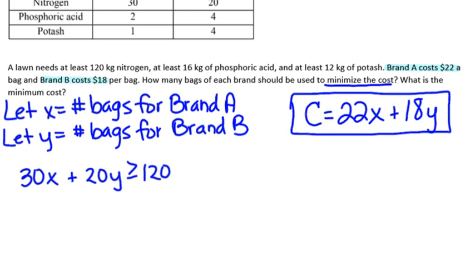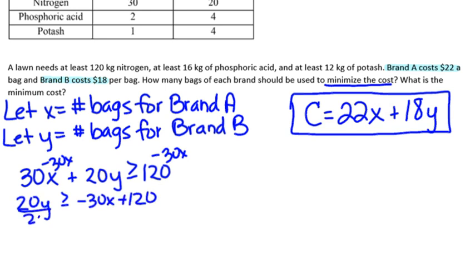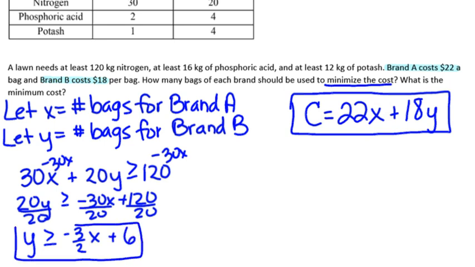Doing the work here to isolate Y, subtracting 30x from both sides. Dividing by 20. Y is greater than or equal to negative 3 over 2x plus 6. This is nitrogen.